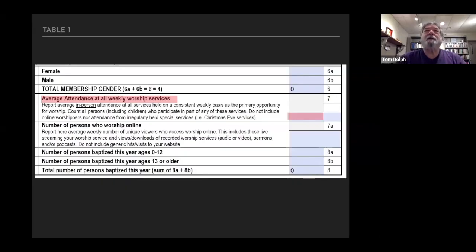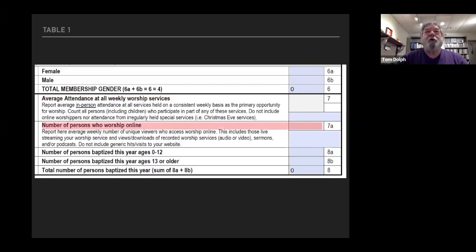But anything that is your regular worship service, whether it is in your primary location or somewhere else, will be averaged into that number. Not included in that number is your online worship attendance.